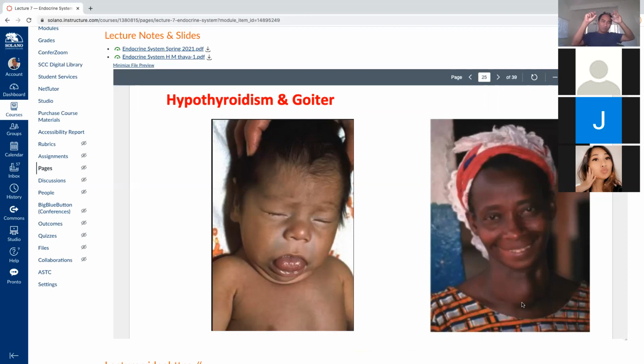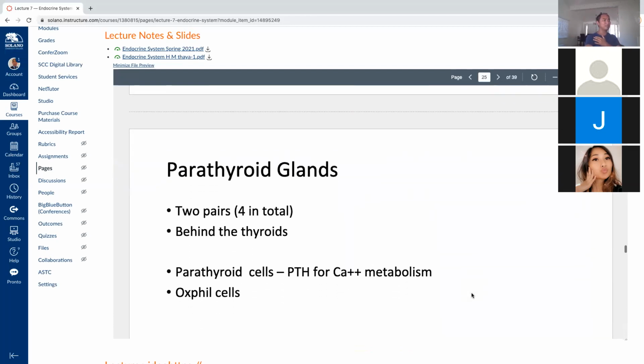So a goiter, which is the enlargement of the thyroid gland, has nothing to do with its function. So this is a goiter. I'm not sure this lady has got normal, decreased, or increased thyroid function. So we don't know the function, we just know the size. A goiter is the enlargement of the thyroid gland.